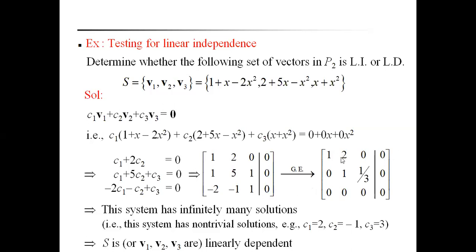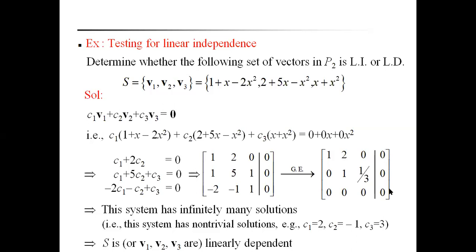Therefore, we get the reduced echelon form matrix: 1, 2, 0; 0, 1, 1 by 3; 0, 0, 0. Here the 0 column is the same, 0, 0, 0. Write it in the form of C1 plus 2C2 equal to 0, C2 plus 1 by 3 into C3 equal to 0. See here, the last third row is all zeros.